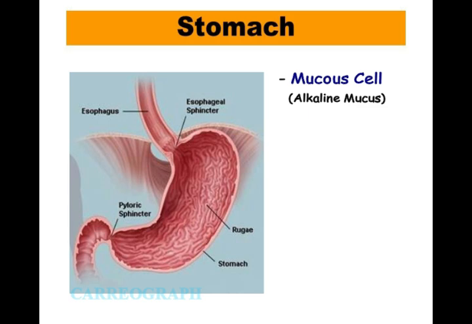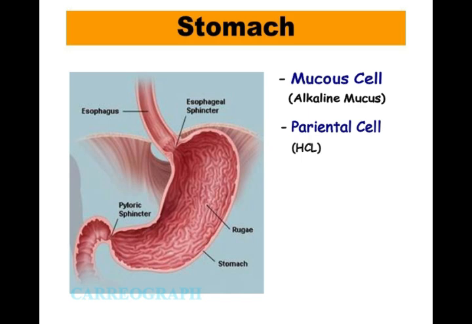The second cell is the parietal cell, which secretes HCl, and this HCl makes the stomach medium acidic. It is very strongly acidic, with a pH of less than 2. This HCl kills all the microorganisms which come into the stomach along with the food.